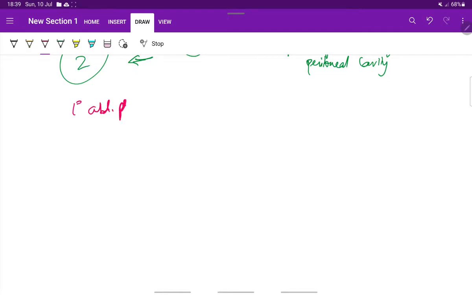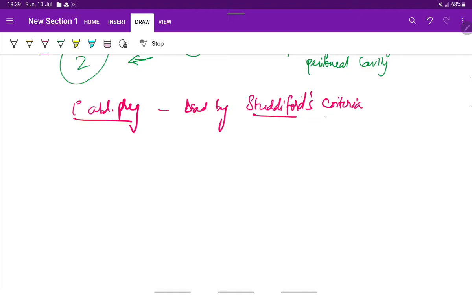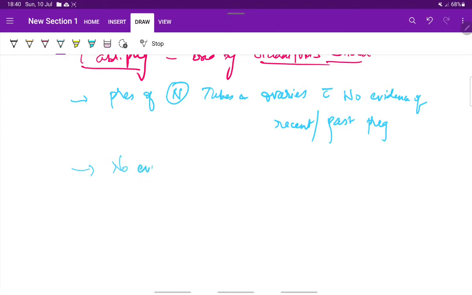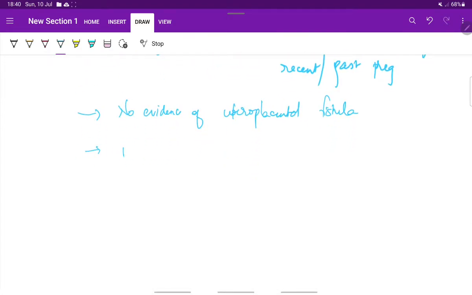The primary abdominal pregnancy is diagnosed by a criteria called as Studiford's criteria, which says that there should be presence of normal tubes and ovaries with no evidence of recent or past pregnancies, and there should not be any evidence of uteroplacental fistula, and the presence of pregnancy which is exclusively limited to the peritoneal surface.